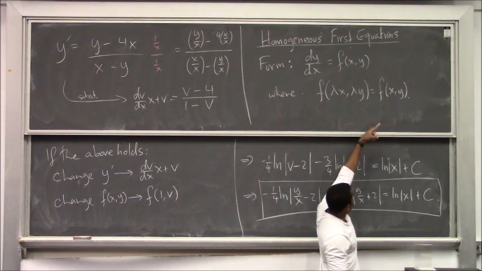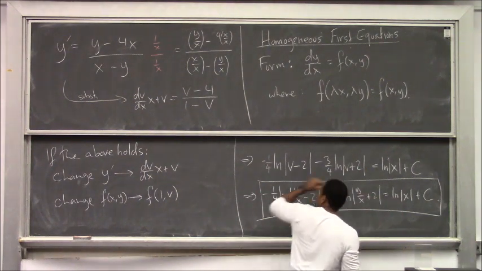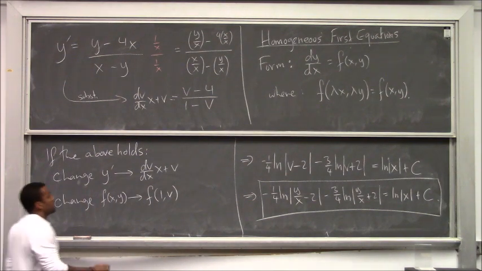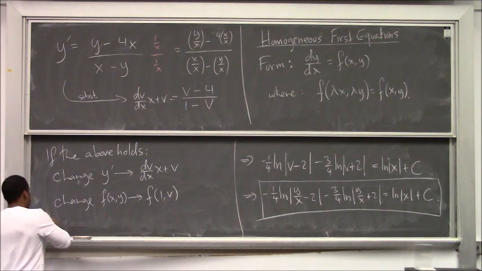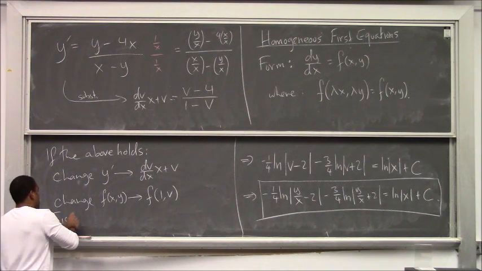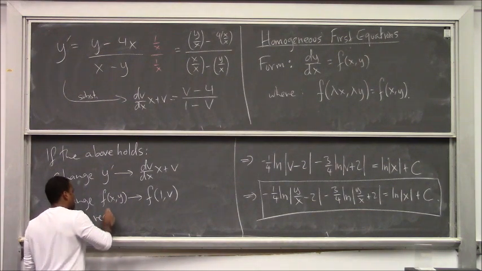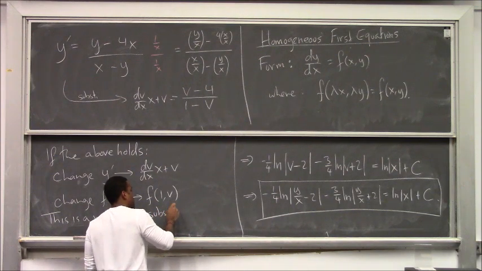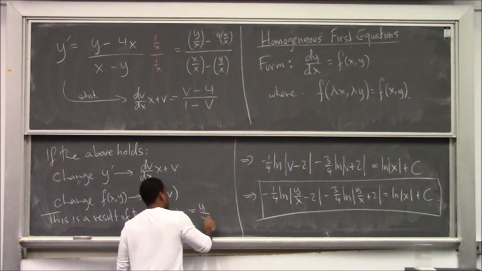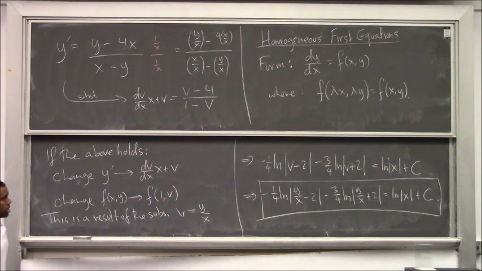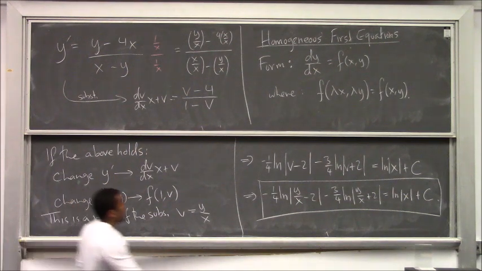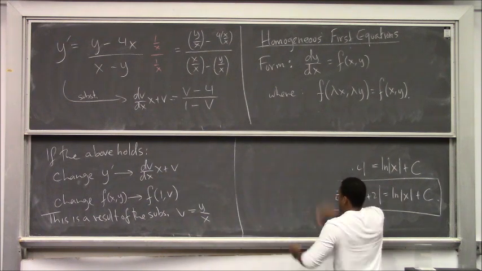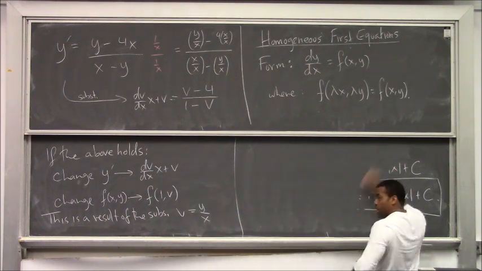So this checks that I can actually write the function in this form, and once I do the substitution of v equals y over x, change this to that, this is a result of the substitution v equals y over x. All this is going to happen automatically, and it turns out that whenever this happens, this substitution will always make it separable.